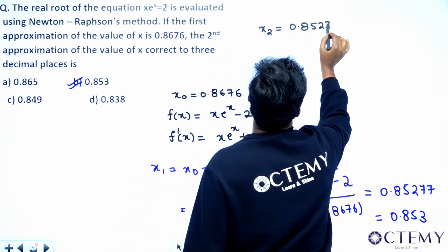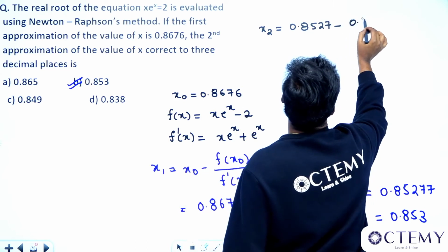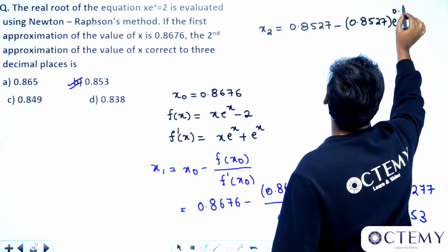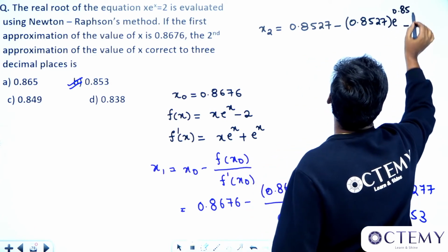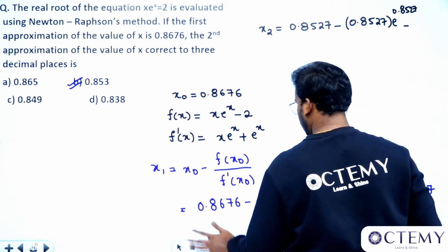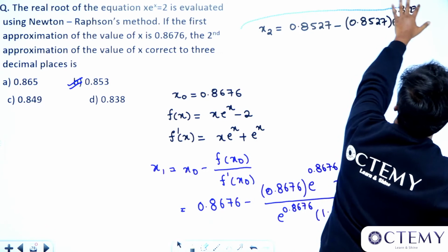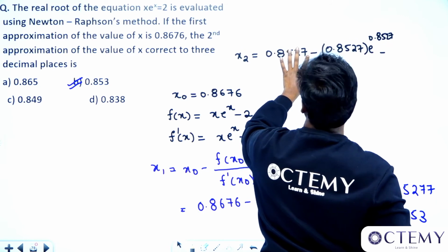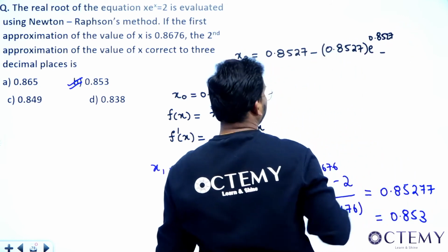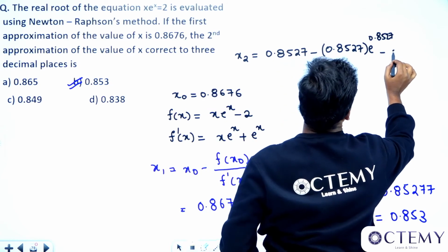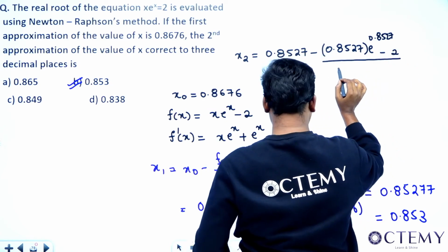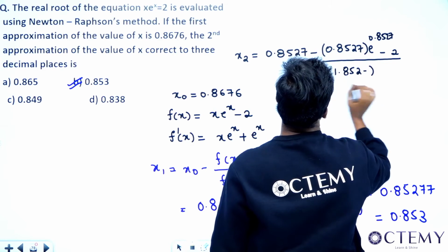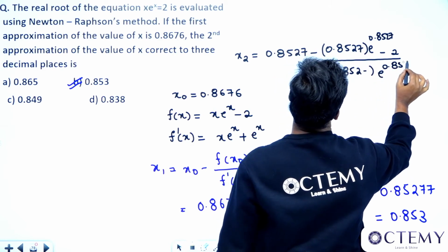Let us take 0.8527 minus 0.8527 into e power 0.8527 minus 2, divided by 1.8527 into e power 0.8527.